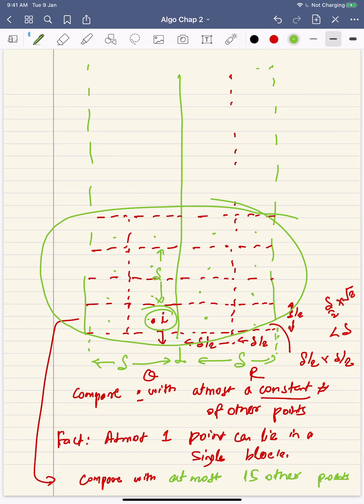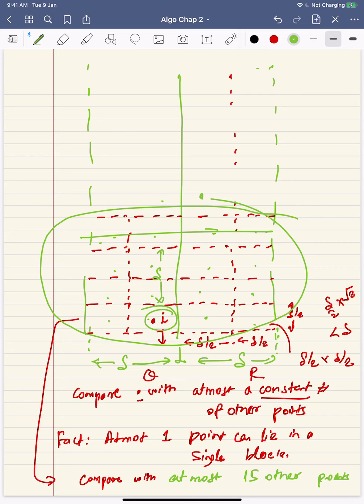I have to compare it with at most 15 other points, and I'm done, because as soon as a point comes beyond this grid, I know the distance is going to be larger than the straight distance, that is already 3 delta by 2. Actually I could have even removed this one, but I keep it, just playing totally safe. So once a point goes beyond this grid, I don't have to compare with it. So any point, I have to compare with at most 15 other points.